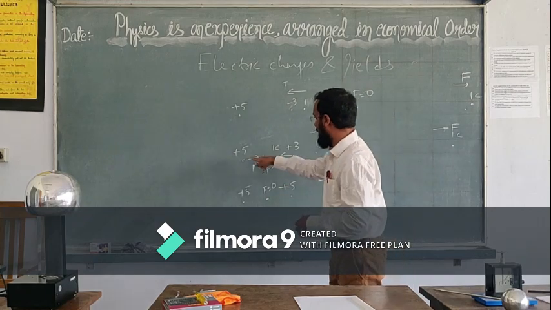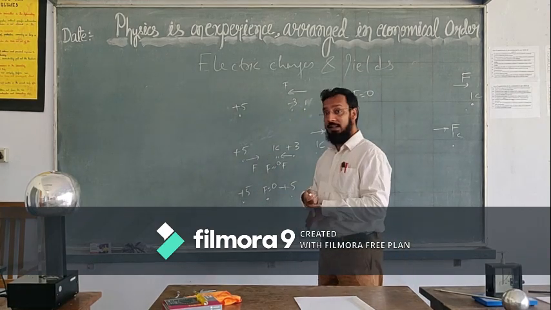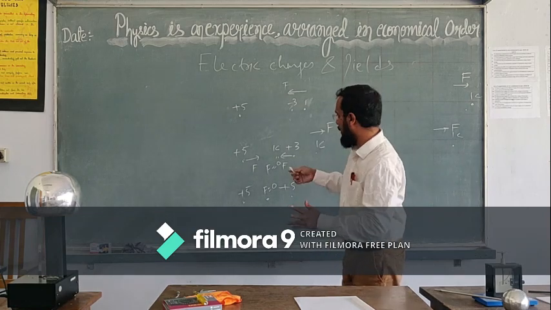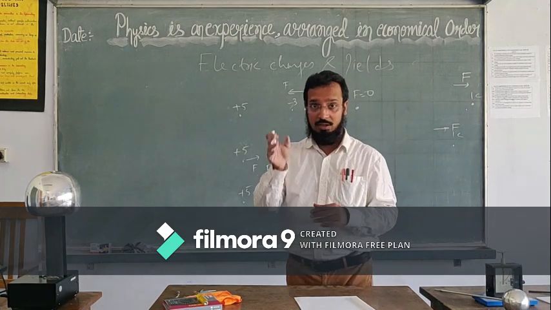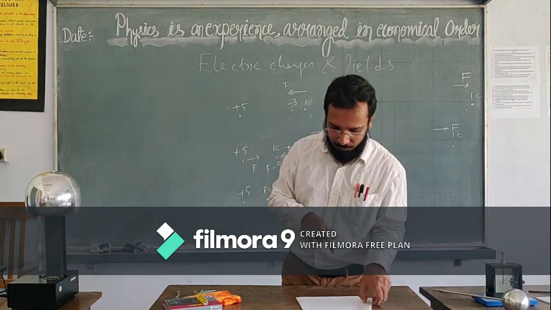In the same way, if there are two like charges, then the net force will be 0 in between them, and of course again it will be near the smaller value.